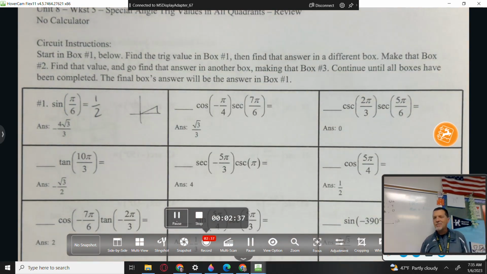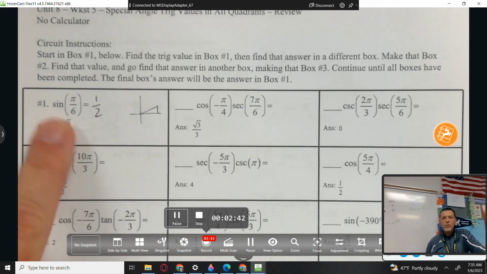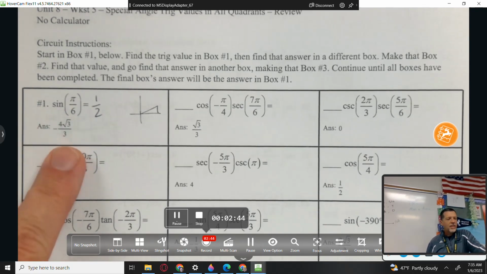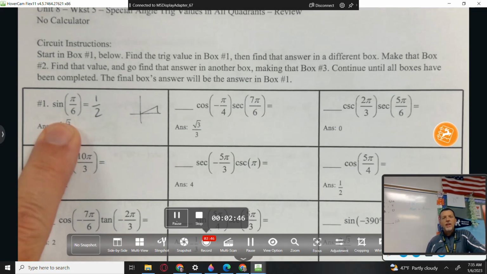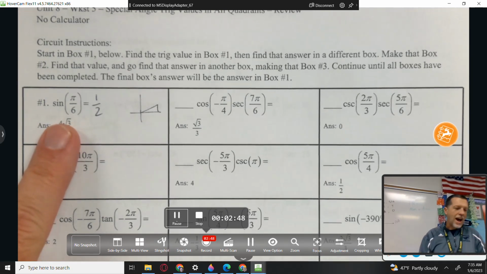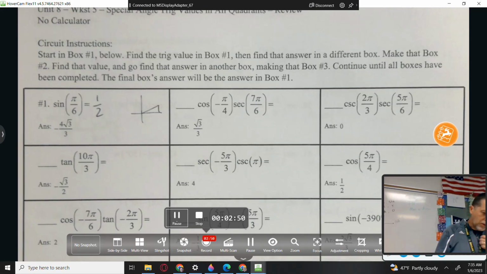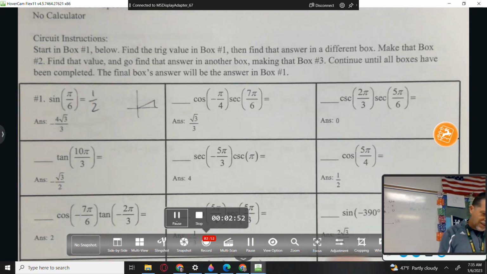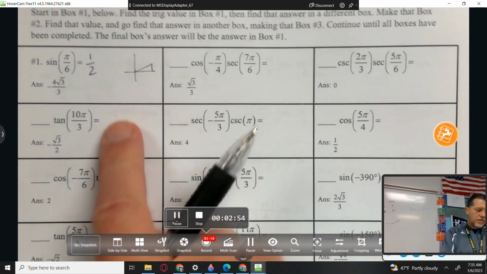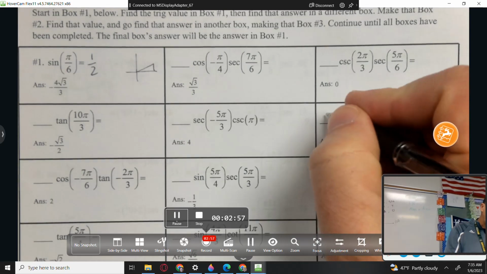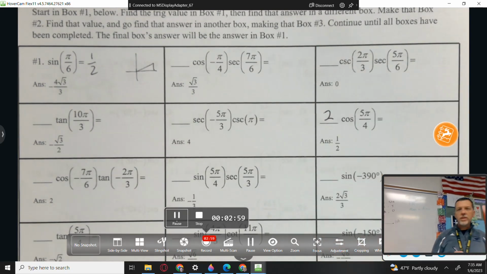So yes, the sine of pi over 6 is 1/2. This answer doesn't mean the answer to number 1 is that. It means the answer to some other problem is that. So my job is to go find 1/2. Where is it? Oh, there it is. So right-hand column, second one down. So we call this one number 2.